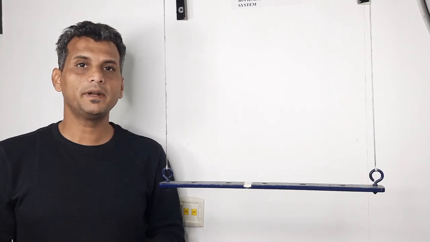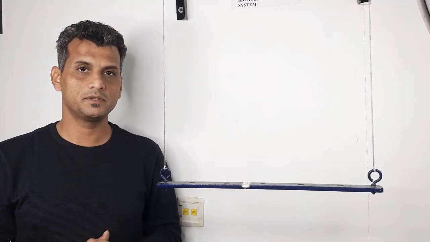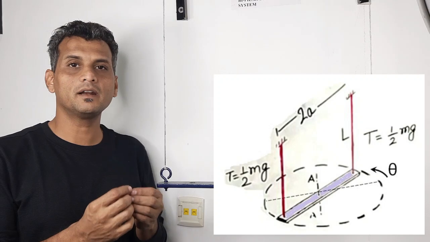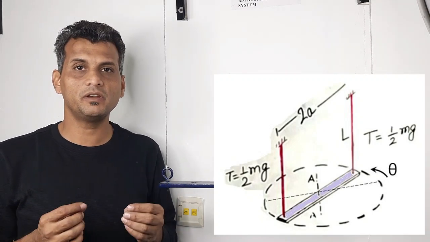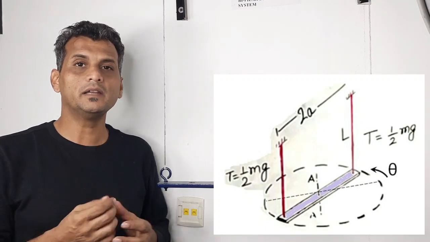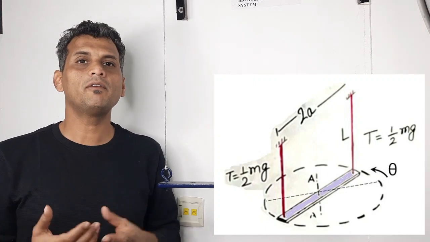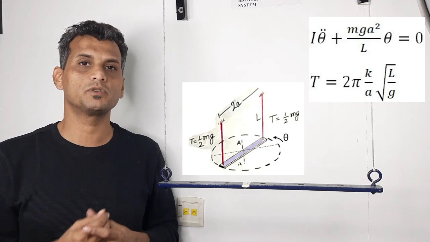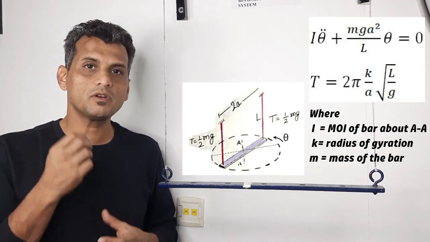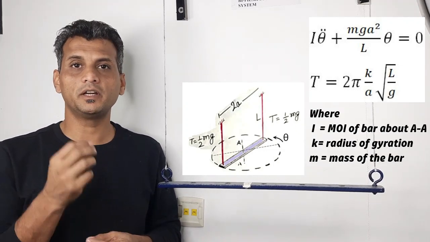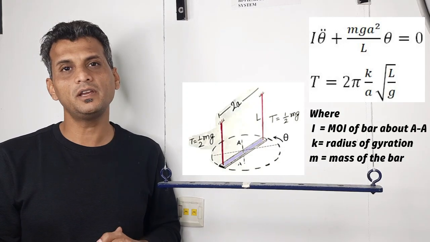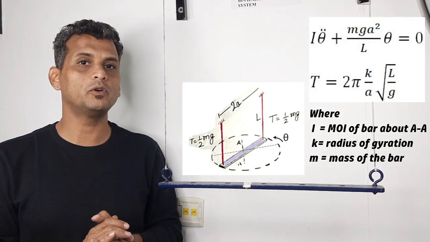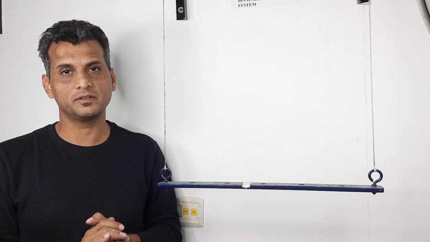If I look at the mathematical model of my bifilar suspension system, a bar is suspended with two strings which are 2a distance apart. The length of the string is L, and if I apply Newton's law or the D'Alembert principle, I will get the equation of motion of my system. Using this equation of motion, I will be able to get the time period or the natural frequency, and that is the formula I am going to apply to get the radius of gyration.